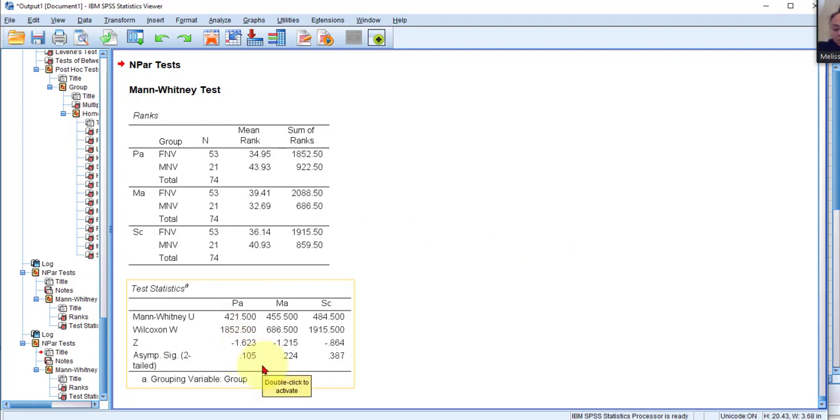Significant difference between the Pa scores. 0.053-ish? Yeah, it would be like 0.053. So it just barely missed it. So that's the one you call borderline. SC was not, after running this one? No, nowhere close.